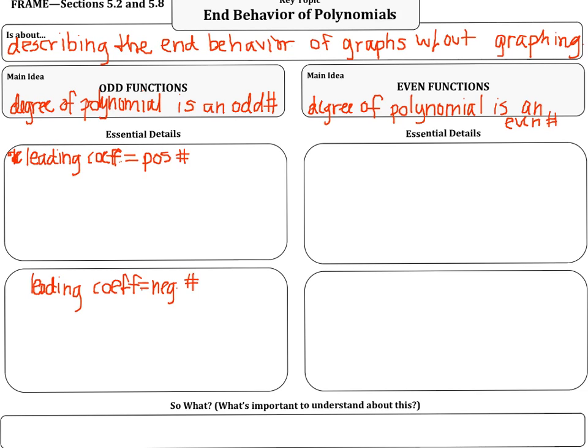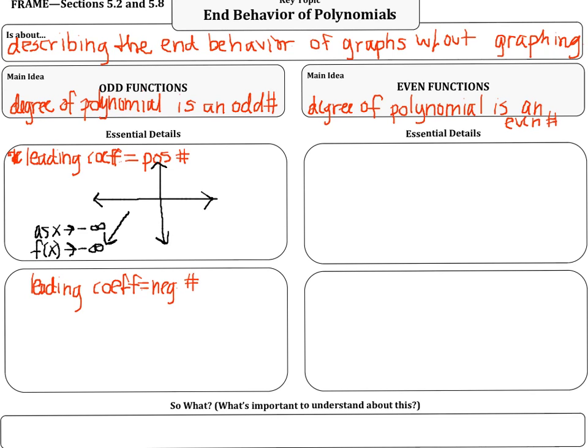So what you need to know is that as x goes to negative infinity, so what that means, if I draw my coordinate plane here, x going to negative infinity means my x value is coming this way. So as x goes this way, my function, f of x, also goes to negative infinity. So as I move in this direction, my function comes downward. So my function is going to look something like this.